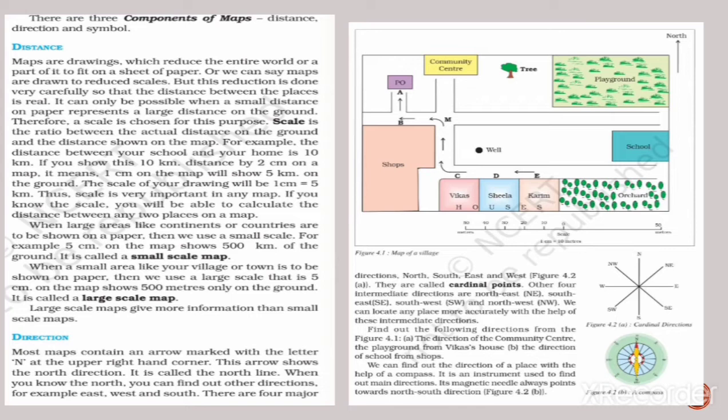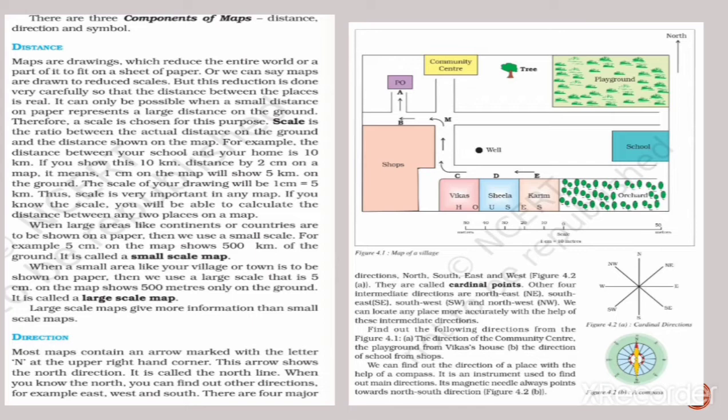In the figure, we can see the compass marked with the north and south directions. If we know one direction, that is north, we can find the other directions like south, east and west.